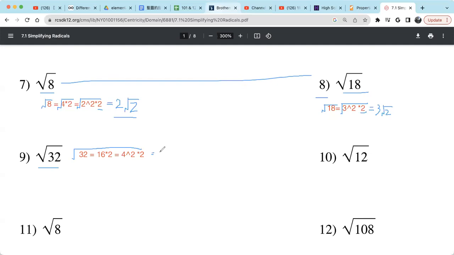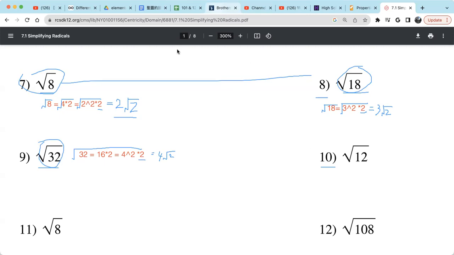Square root of 4 squared is 4. Then we still have this 2 inside the square root sign. So square root of 32 is 4 radical 2. Wow, now you see square root of 8, square root of 32, square root of 18. Even if we don't know exactly what they are, we know they are all related with the square root of 2. Or they are all multiples of square root of 2.